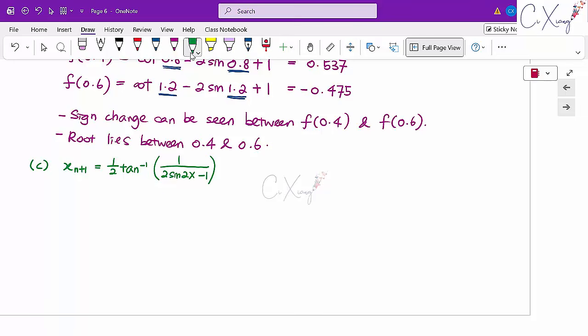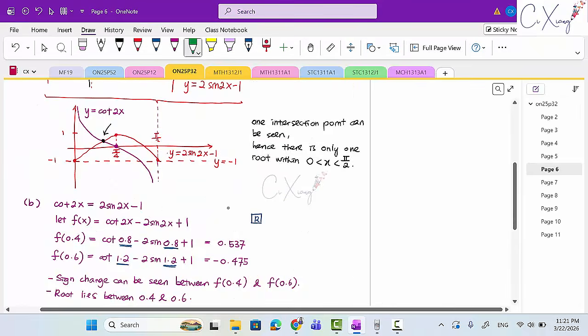When they give you the iterative formula, that means you can directly get the root by using the calculator slowly and finding all the iterations, and they will lead you to the correct root finally. To get the answer for this part, we need the help of the calculator.